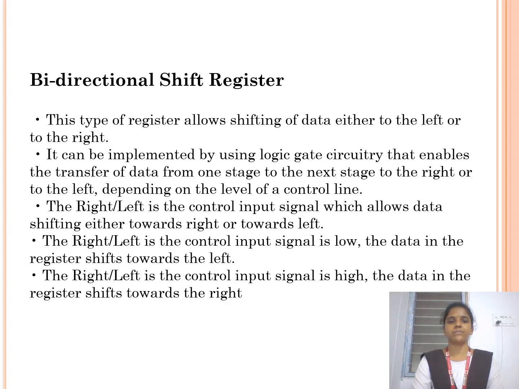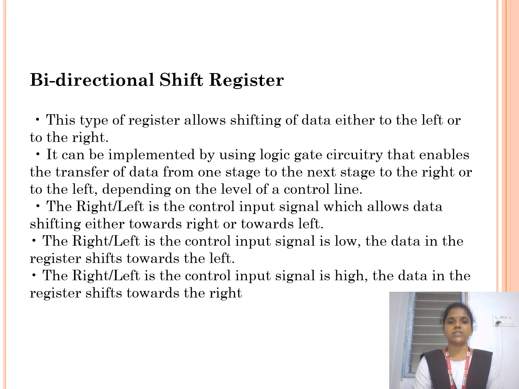Bidirectional shift register. This type of register allows shifting of the data either to the left or to the right. It can be implemented using logic gate circuitry that enables the transfer of data from one stage to the next stage, to the right or to the left, depending on the level of the control line. The right/left control input signal allows data shifting either towards right or towards left.